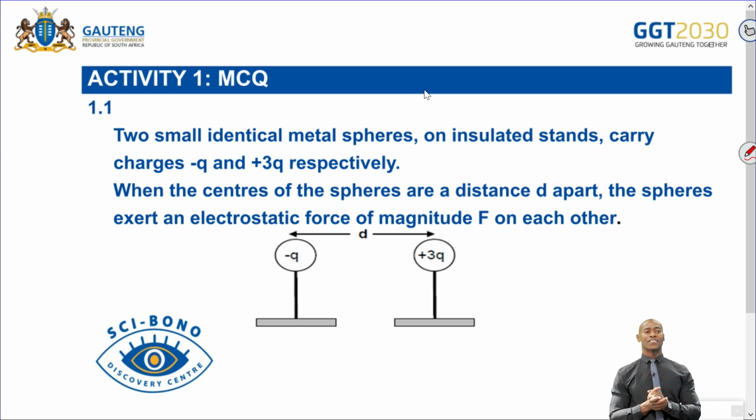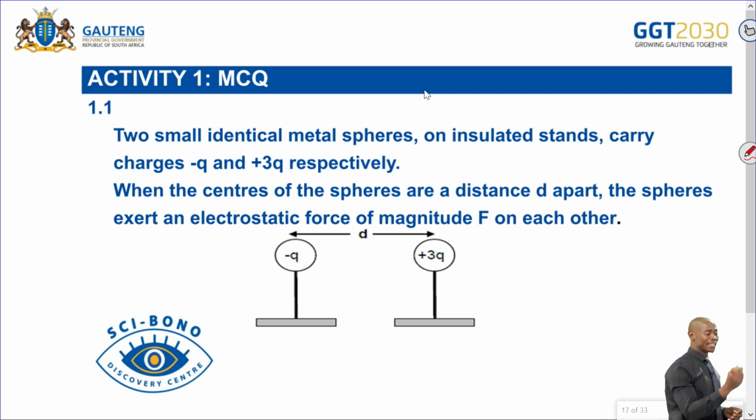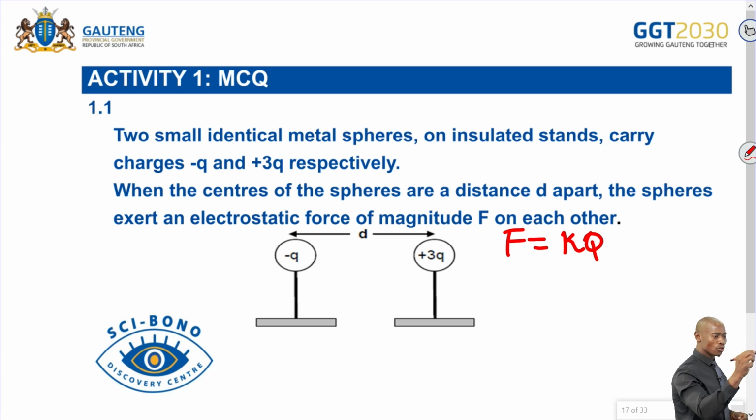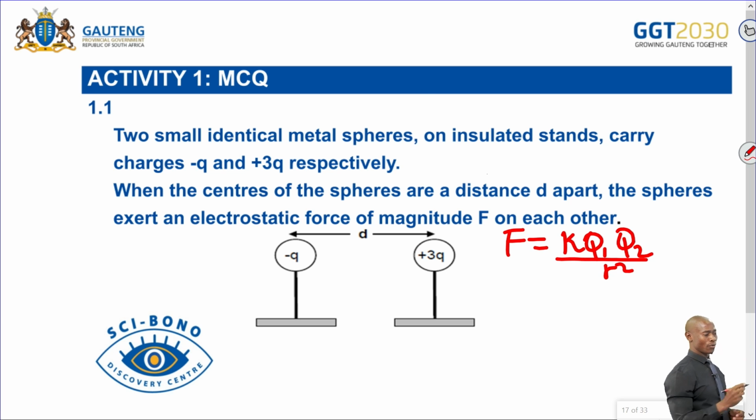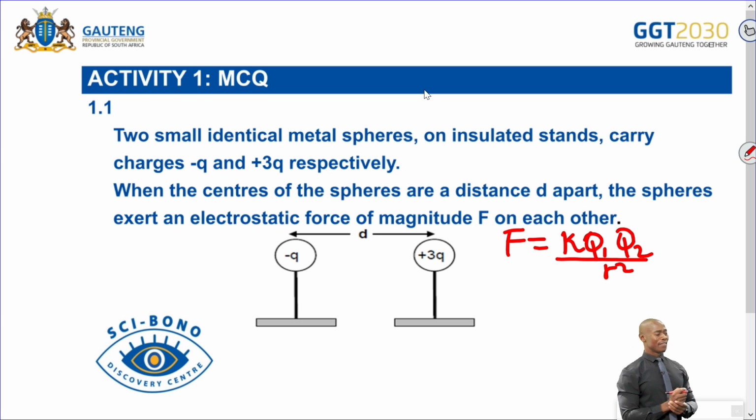When the centers of the spheres are a distance d apart, the spheres exert an electrostatic force of magnitude F on each other. So they exert this force, and F we know is given by K Q1 Q2 over R squared.